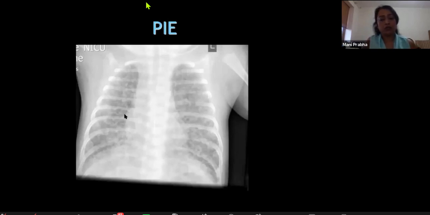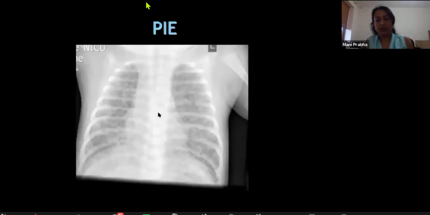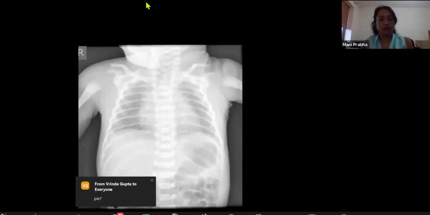In this case, we can see some lucencies, and they are bilaterally symmetrical. And if I show you the previous, that's how it started actually. They were very subtle lucencies, and then it went on to this stage. And then if the settings are controlled, then they revert back. So I think this is the first X-ray of the patient.